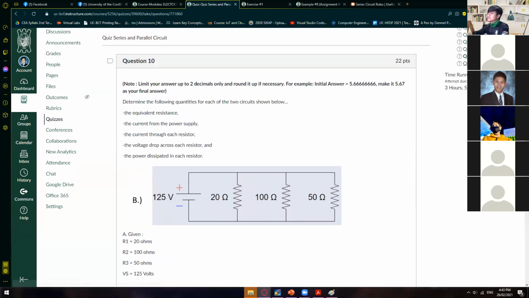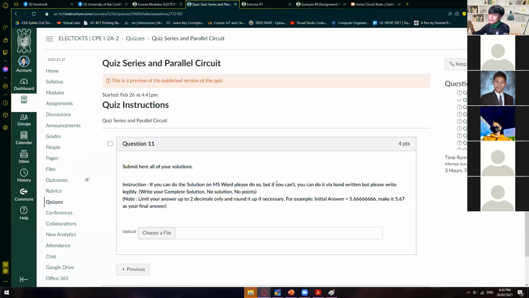For question 11, this is where you're going to submit all of your solutions for your quiz. Starting from number 1 to number 10, each must have a solution. I will be checking your solutions, whether they really match.